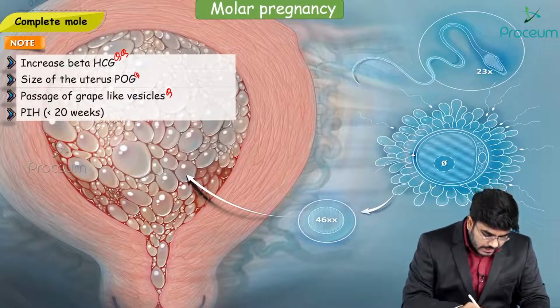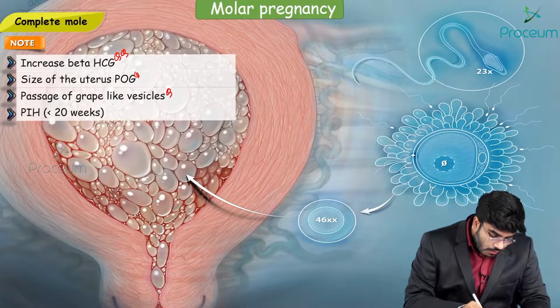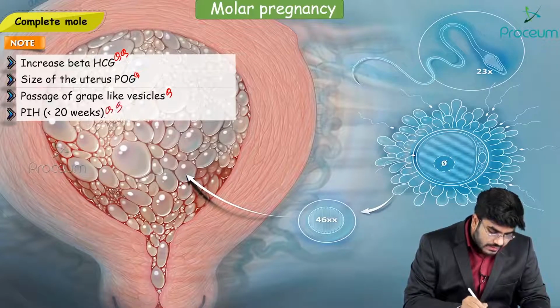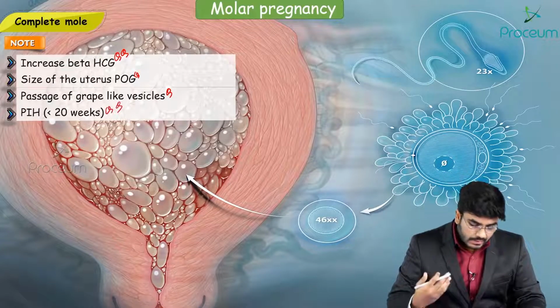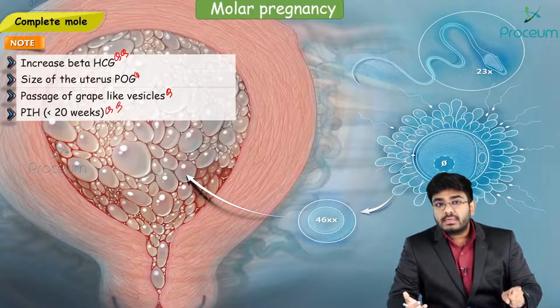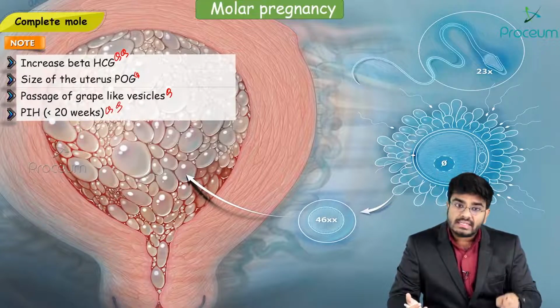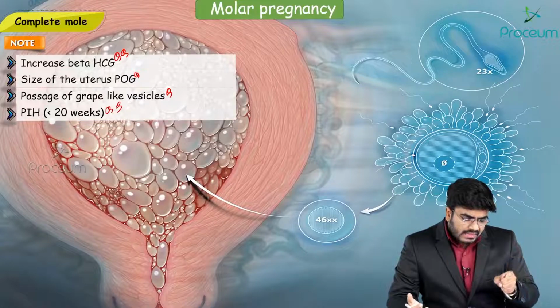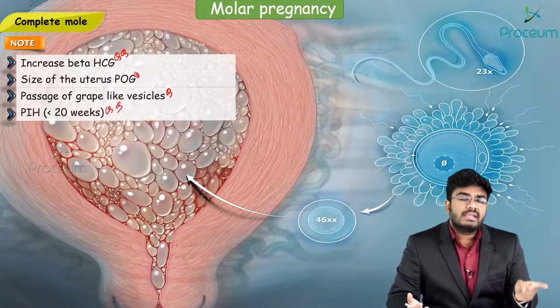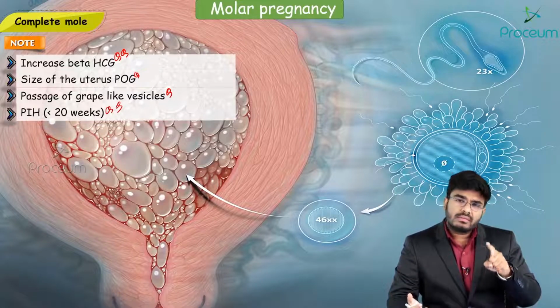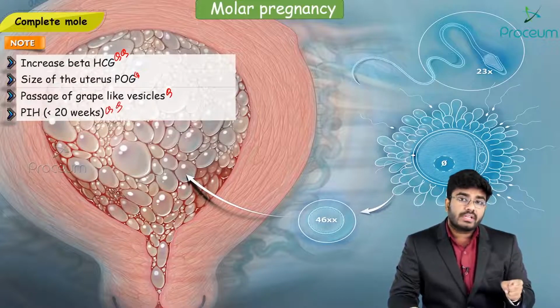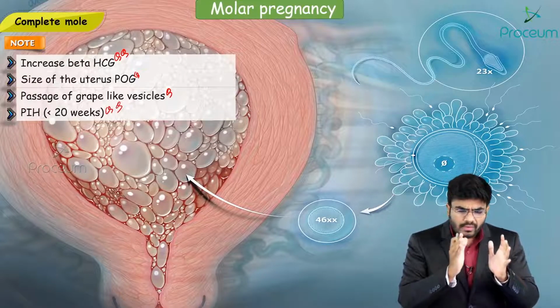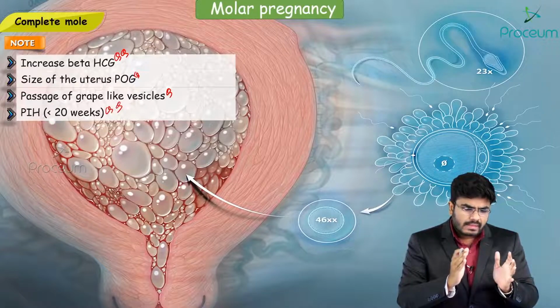Now, after that, the risk of pregnancy-induced hypertension is very much more with the complete mole. Guys, this is trophoblastic disease. We all discussed preeclampsia in pregnancy-induced hypertension. Why is preeclampsia happening?